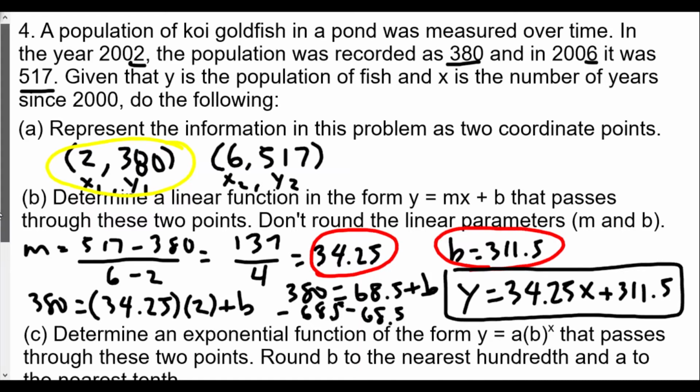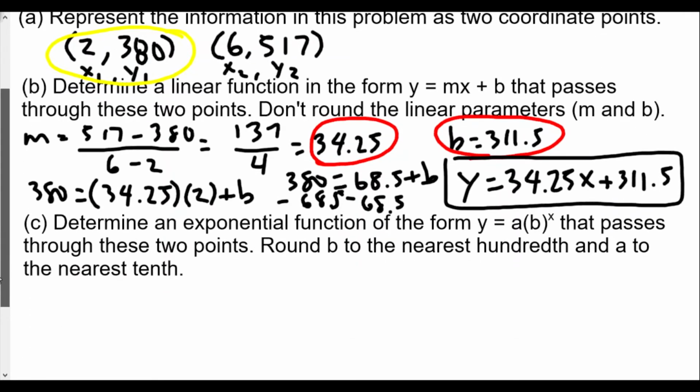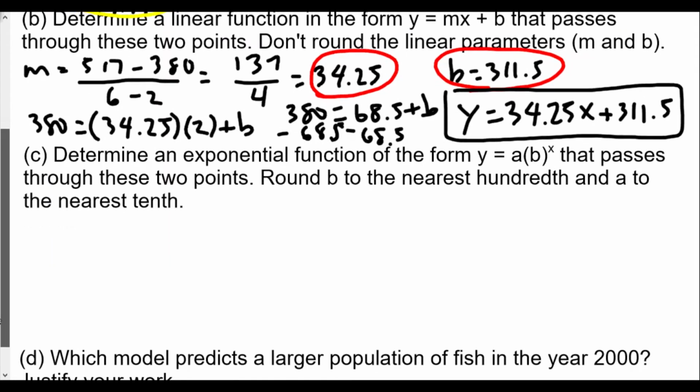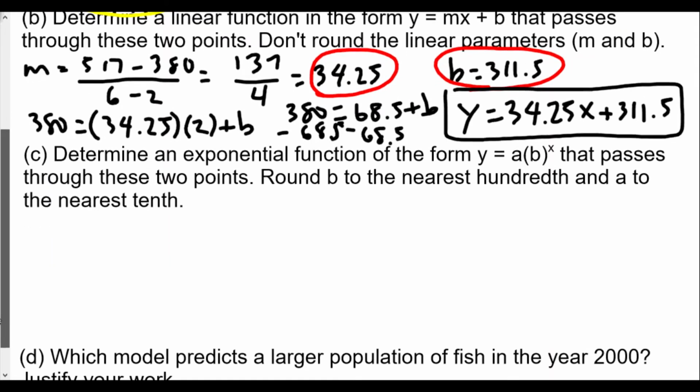We continue with this information, and for part C, determine the exponential function of the form y equals ab to the x that passes through these 2 points. Round b to nearest hundredth, and round a to nearest tenth. Okay, so here we're going to plug in our values. And if you remember, we had 2 comma 380. So we're using y equals a times b to the x power.